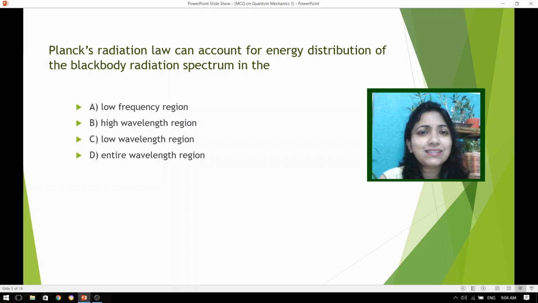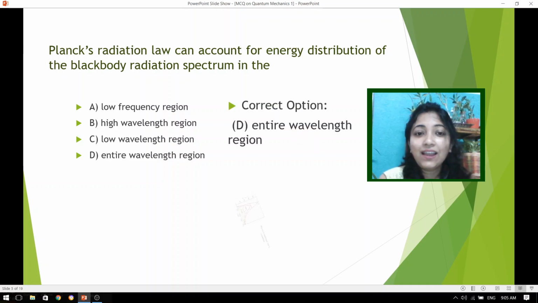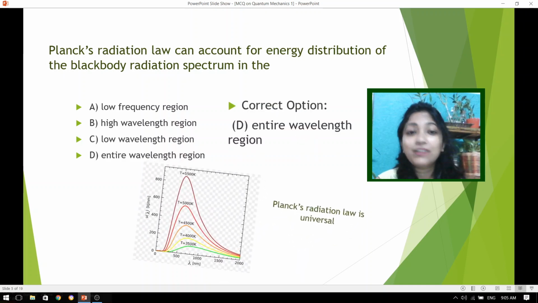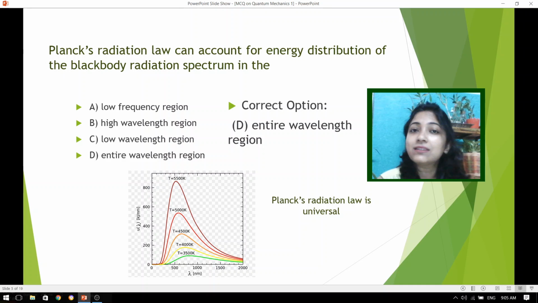Now I think this is a very easy question, because we all know that Planck's radiation law is actually a universal law, which means it can very correctly describe the blackbody spectrum in the entire range of wavelengths. And hence we will choose option D as the correct option, entire wavelength region, correct?